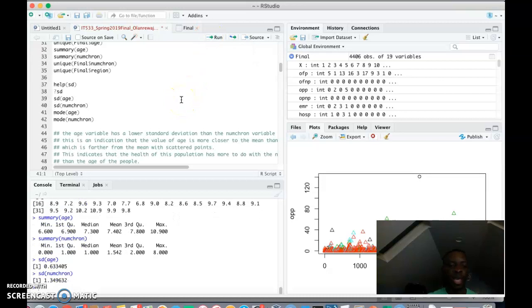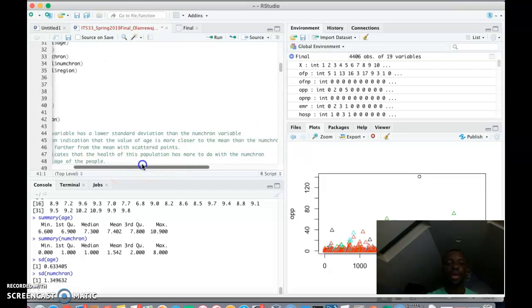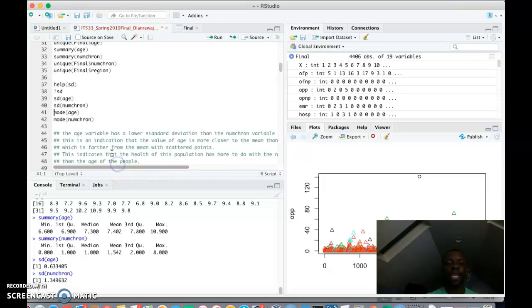And the standard deviation for non-chrome is 1.34962. So I was able to say that the age variable has a lower standard deviation than the non-chrome variable. This is an indication that the values of age are closer to the mean than the values of non-chrome.